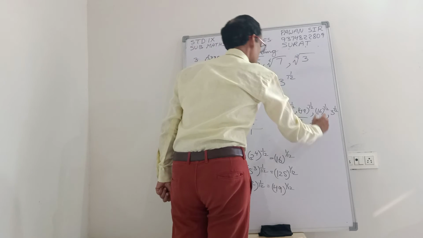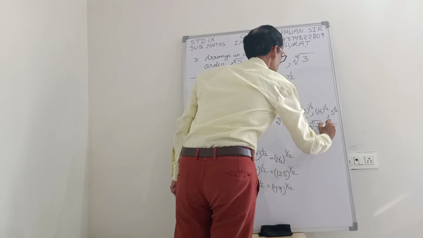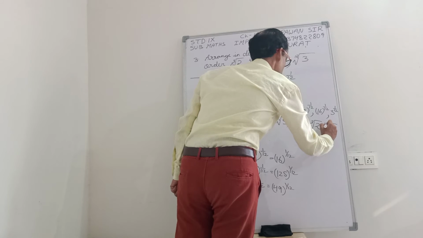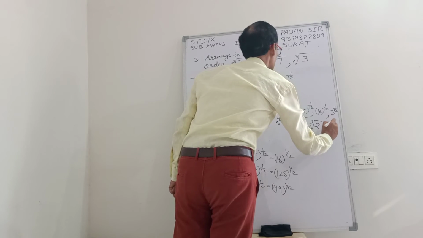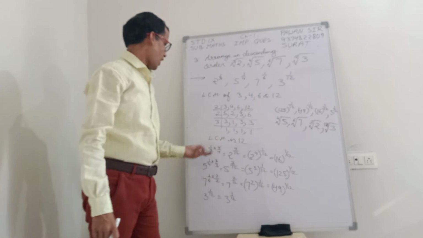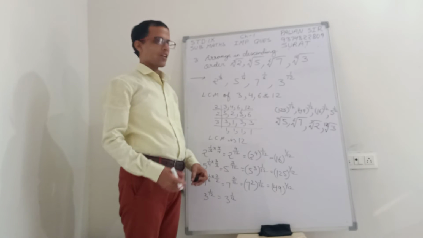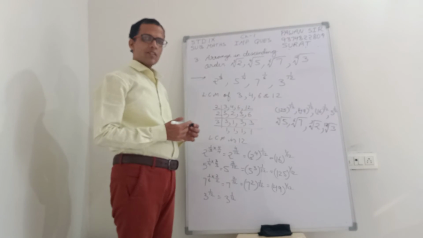The last one is this one. So this is how we have to arrange the numbers in descending order. So this completes our third question.